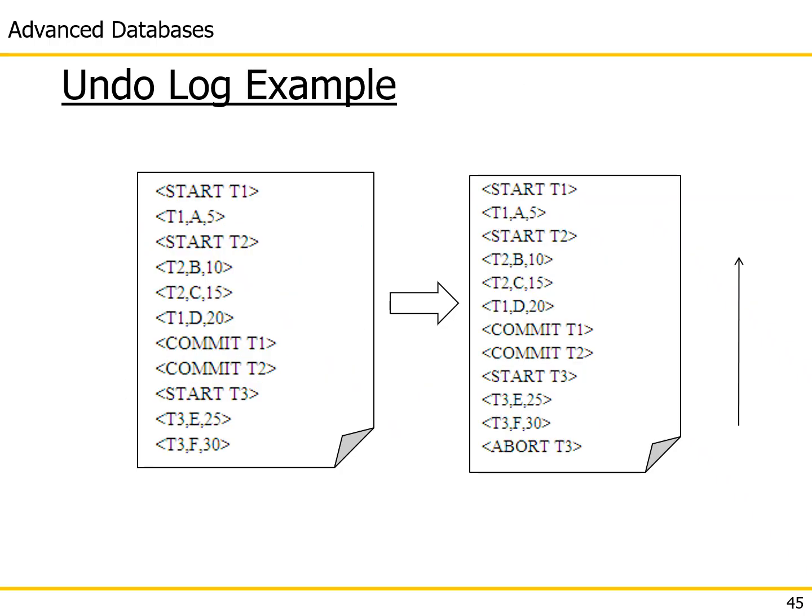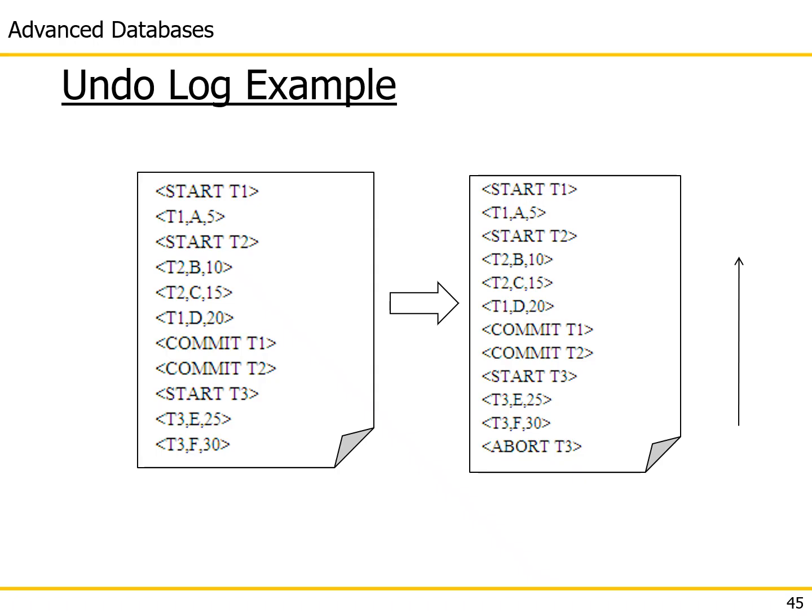And this is an example of the processing that happens by the recovery manager to the log. If you look at the left log, this is the beginning, and this is what you see when you start the database engine after a crash. Start T1, T1 A 5, so T1 was doing something, T2 started, T2 is doing something to B, doing something to C, T1 is doing something to D, T1 is committed, so we're happy, T2 is committed, the recovery manager is happy, and then T3 starts, and T3 didn't have a chance to finish.